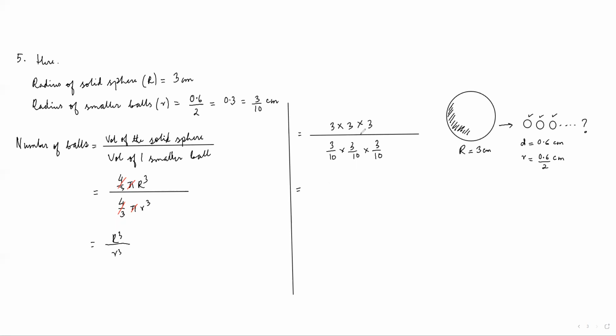You can just cancel 3 and 3, but if you are not very good in this, you can multiply and divide. So 3 cancels and 3 cancels, and the answer is 1000 balls.